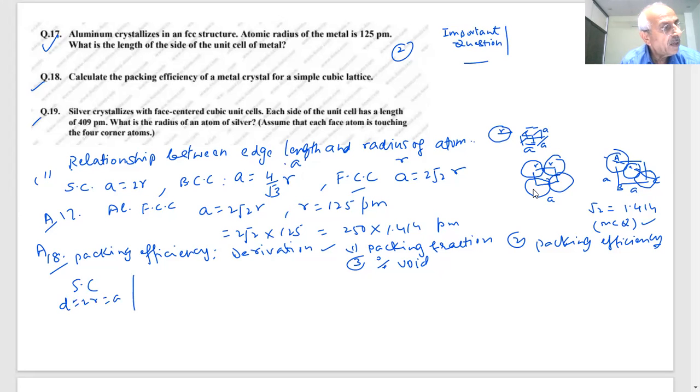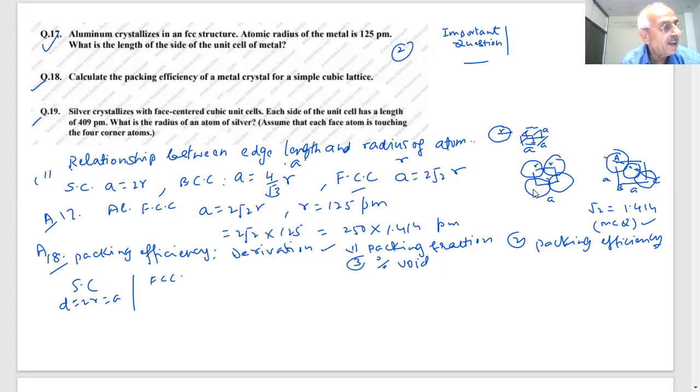Then what is the nearest neighbor distance in FCC? What is this value? The nearest neighbors for FCC are these ones. They are touching.